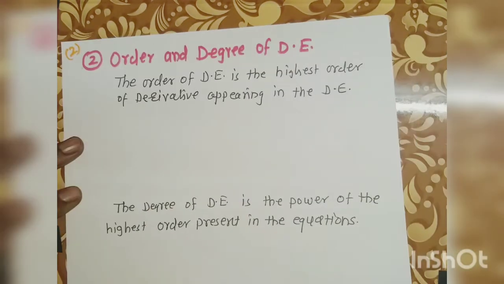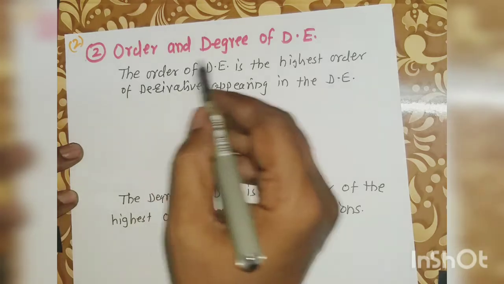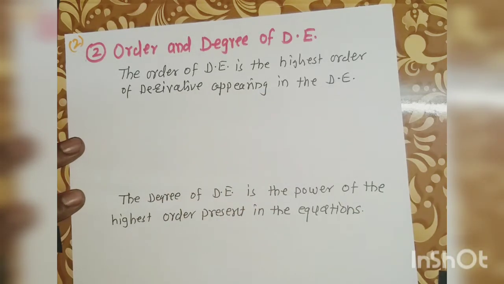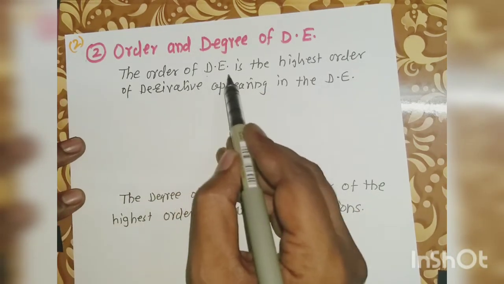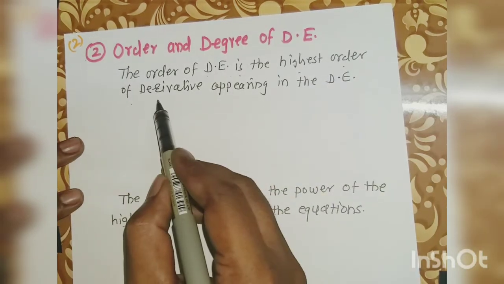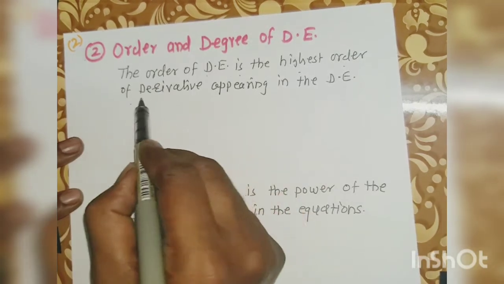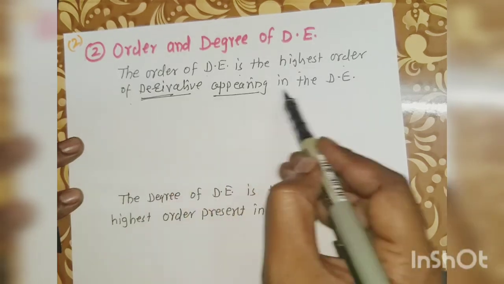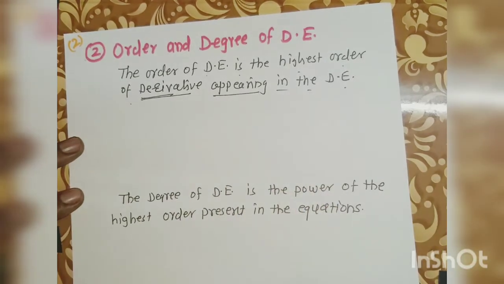Now, we take the next point. Second point is order and degree of the differential equation. The order of a differential equation is the highest order of derivative appearing in the differential equation.